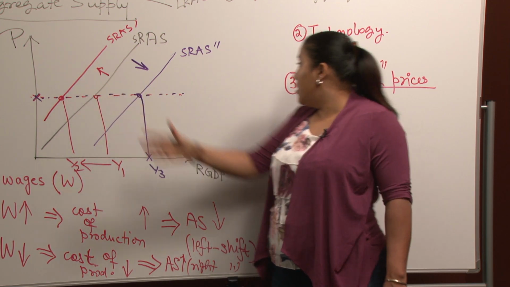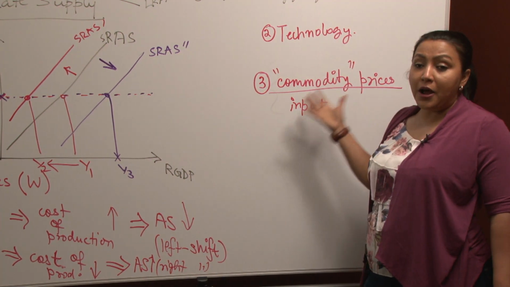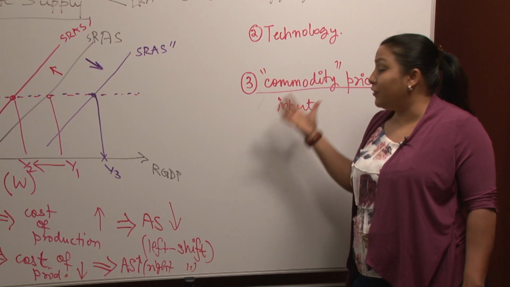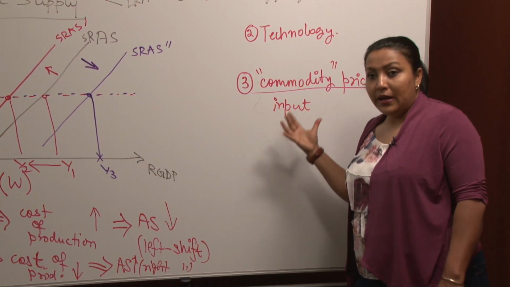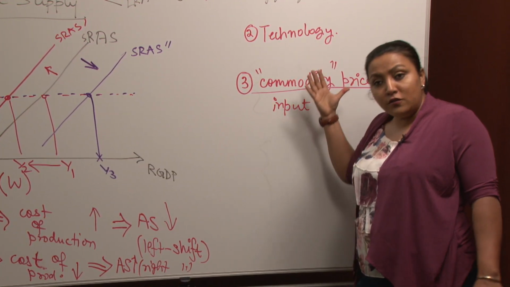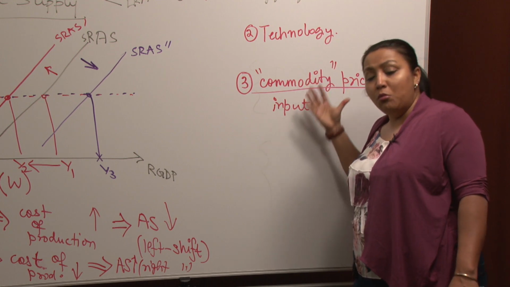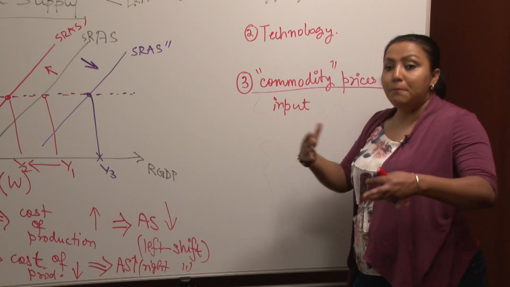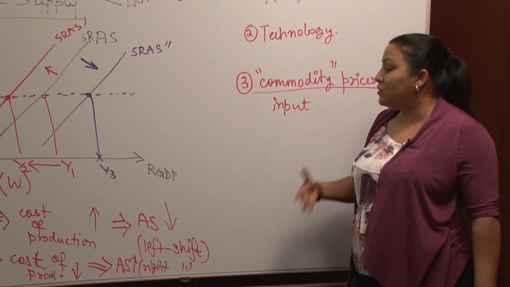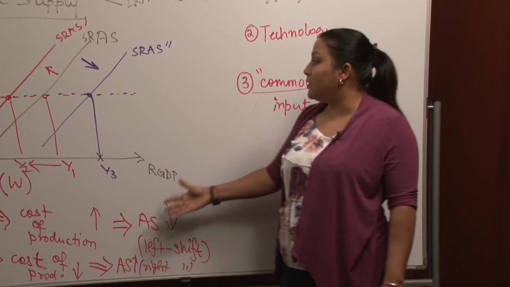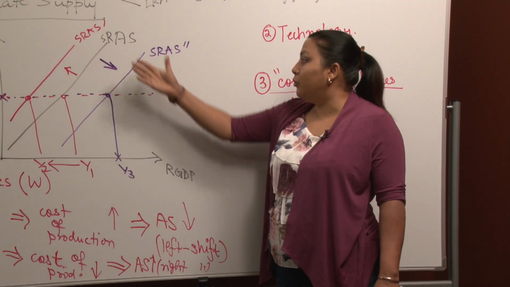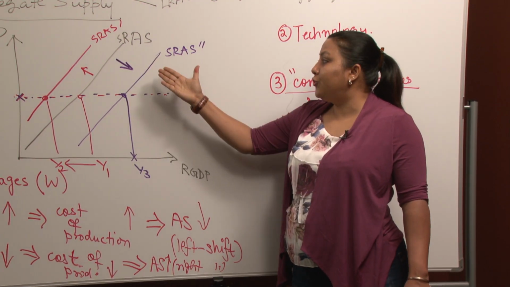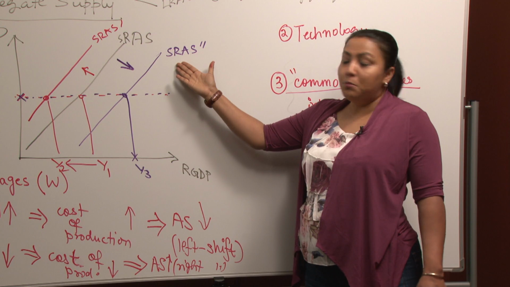However, if commodity prices go down, that means if inputs become cheaper in general, then the cost of production goes down, and most producers would respond by producing more, and as a result the aggregate supply of the economy in the short run would go up. There would be a right shift of the curve similar to the purple line.